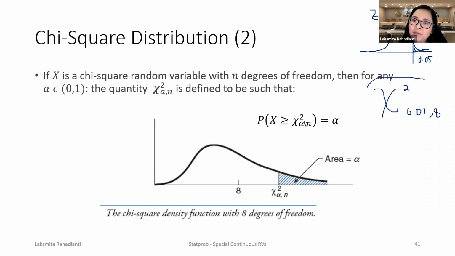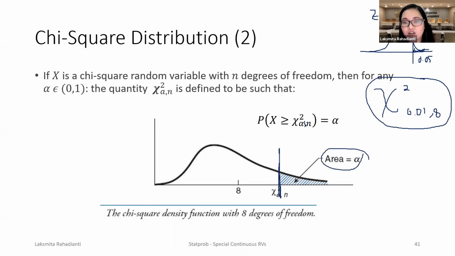What this symbol means is: where can I draw this line so that the area under the curve on the right-hand side would correspond to 0.01 parts of my population?